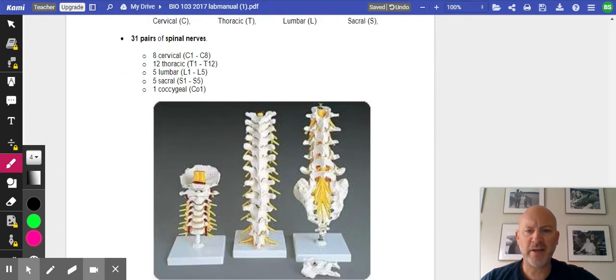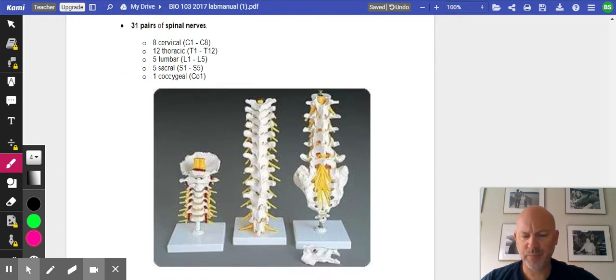We could divide, remember how we divided the vertebrae into sections? These were the cervical vertebrae here, right? The bones we're talking about now. So it begins with atlas and axis, C1, C2, all the way going from C1 to C7, right? These are the bones. And then we get to the thoracic vertebrae, going from T1 to T12.